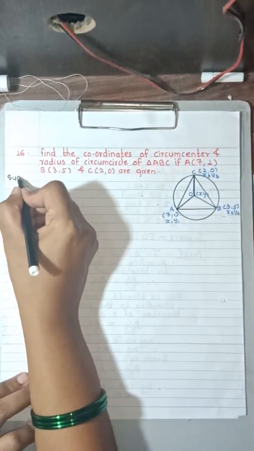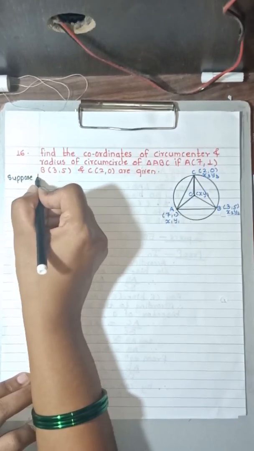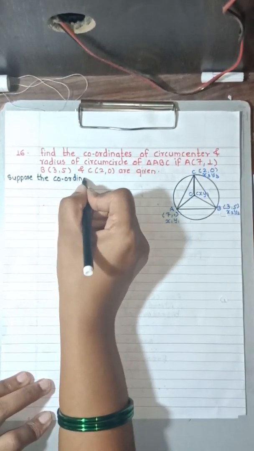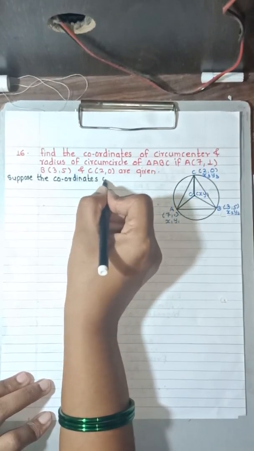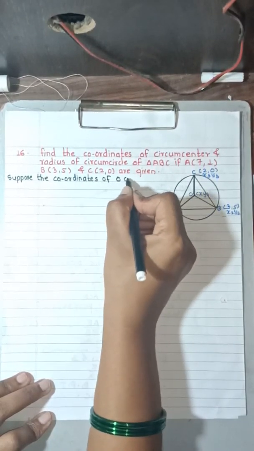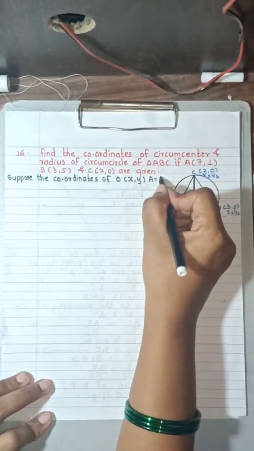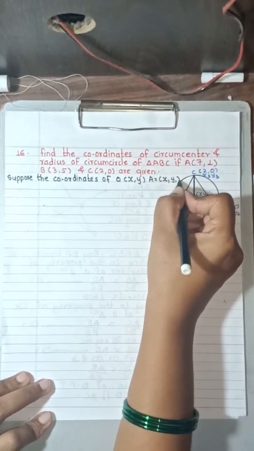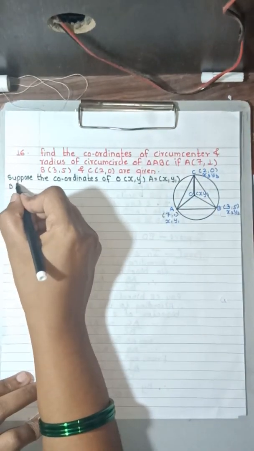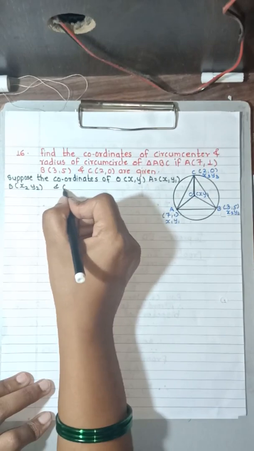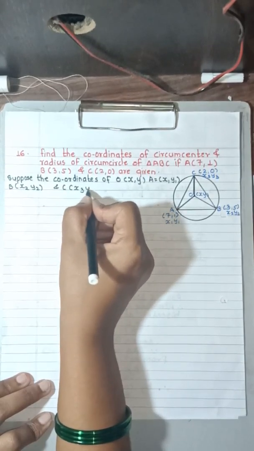Suppose the coordinates of O are x, y, of A is equal to x1 y1, of B is equal to x2 y2, and of C is equal to x3 y3.